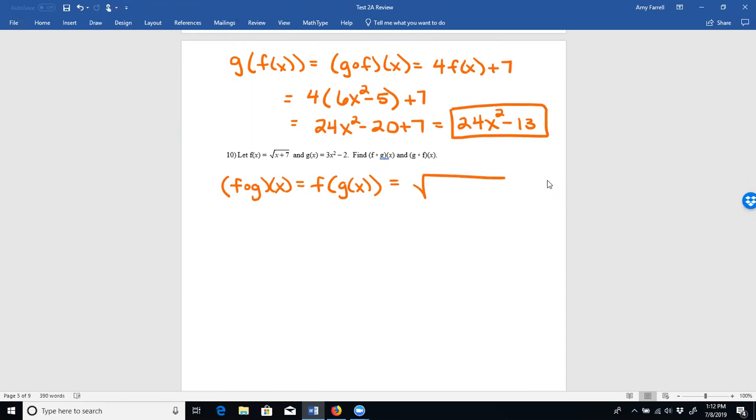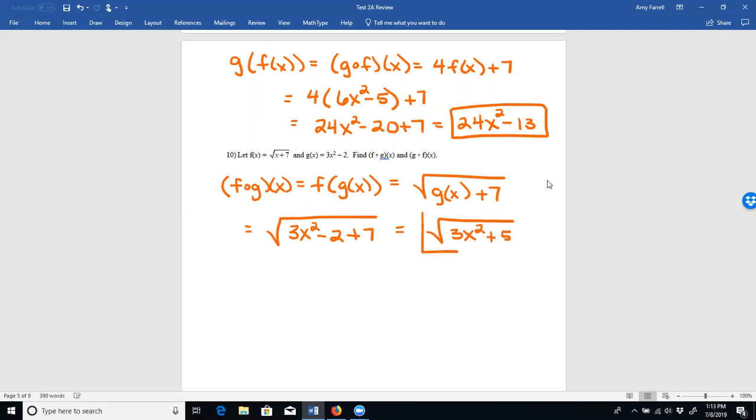So the function f is the square root of x plus 7. But instead of putting that x in there, in place of x, we are going to throw in the function g. So we're going to have the square root of 3x squared minus 2, plus 7. Combine our like terms to get the square root of 3x squared plus 5.